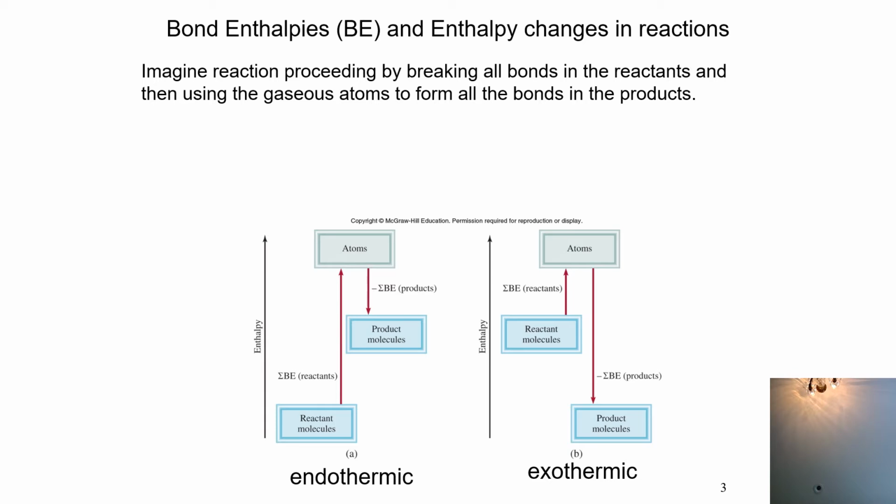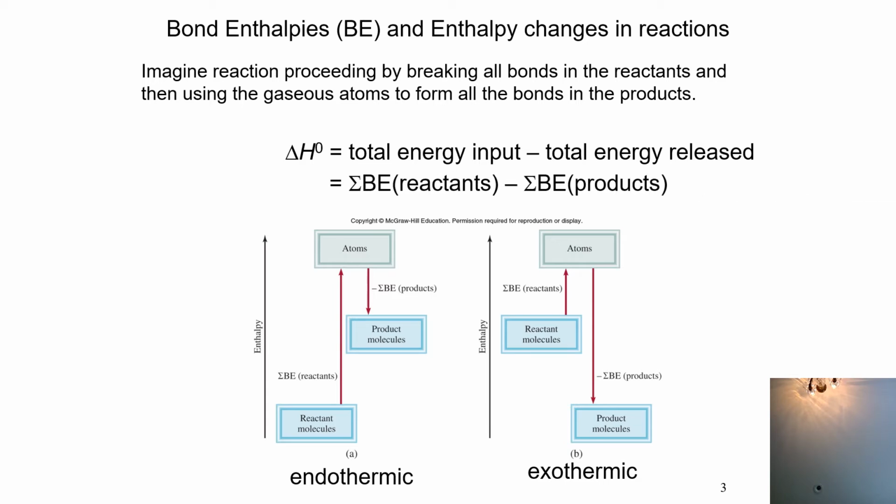So bond enthalpies can also be calculated directly using a formula similar to the one that we've used with calculating delta H's before. And this is the total energy input, minus the total energy release.